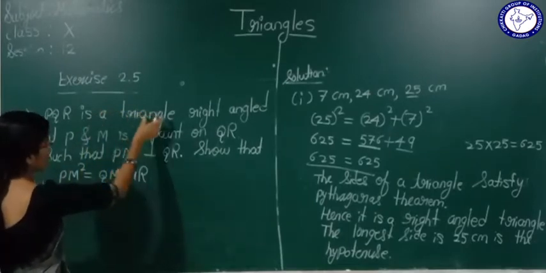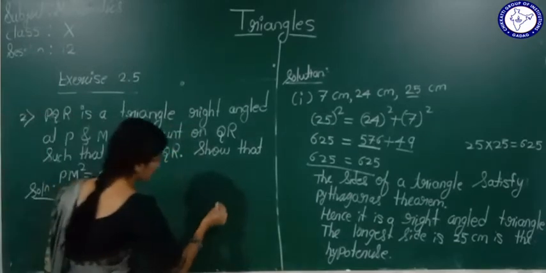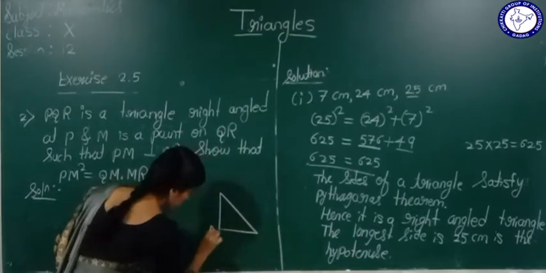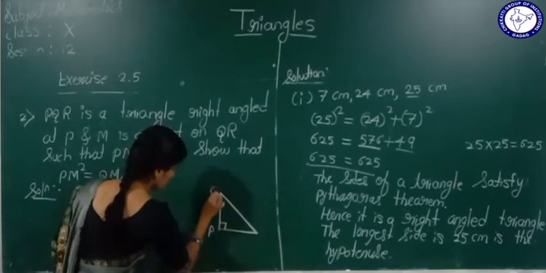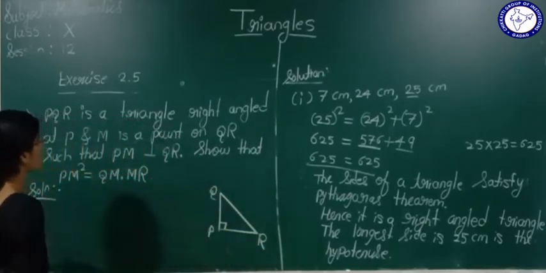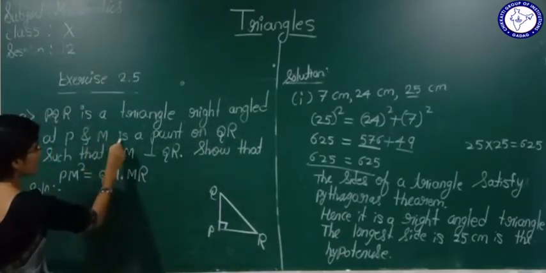We have to draw triangle PQR in such a way that it is right angled at P.